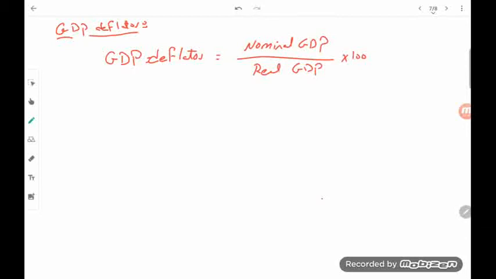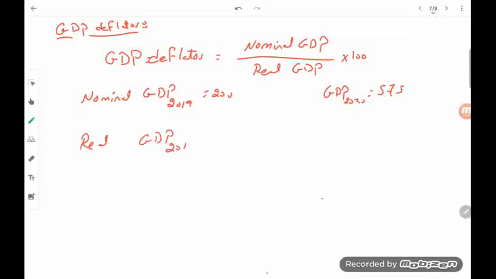So returning back to our example, nominal GDP for year 2019 was 200, and for year 2020 was 575, while real GDP for year 2019 was 200, and for year 2020 was 270.